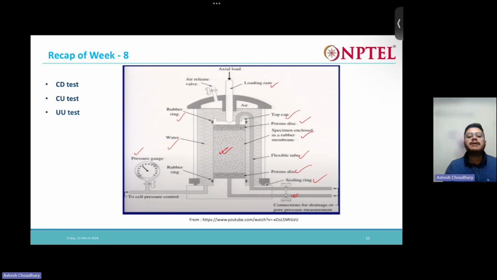So there are various types of triaxial tests. One is the UU test, then we have the CU test, and then we have the CD test. These are the various types of the test.